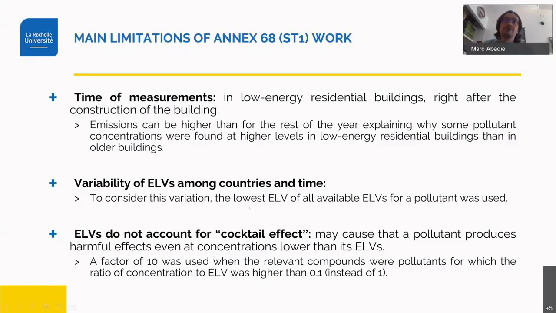Was it the best thing to do? Maybe taking an average would be better. I don't know. We took the most conservative one. And the ELVs just don't take into account the cocktail effect. That's why we took 0.1 instead of 1 for the ratio, to avoid this kind of thing that we don't take into account here.